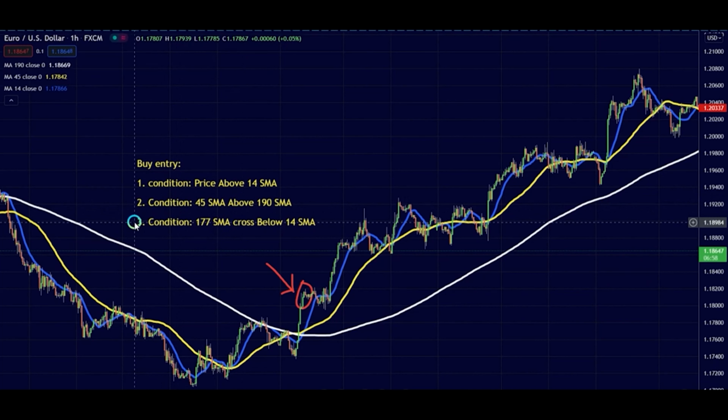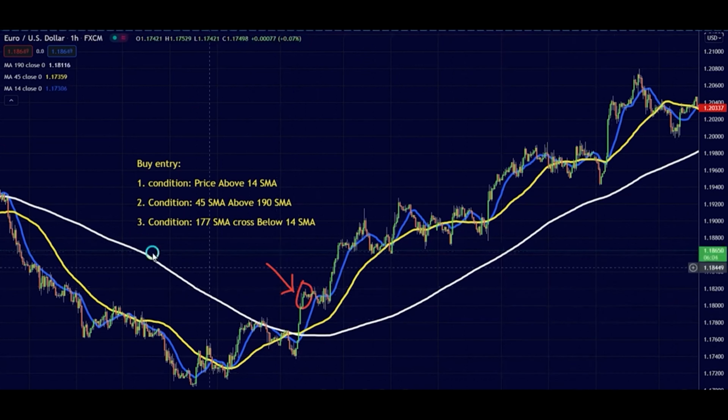And our third condition is kind of a not so commonly used strategy element, because we are at a buy setup and we don't trade when an upward cross is happening, which is the regular setup.